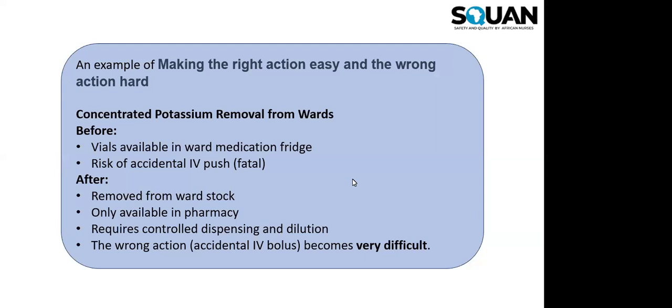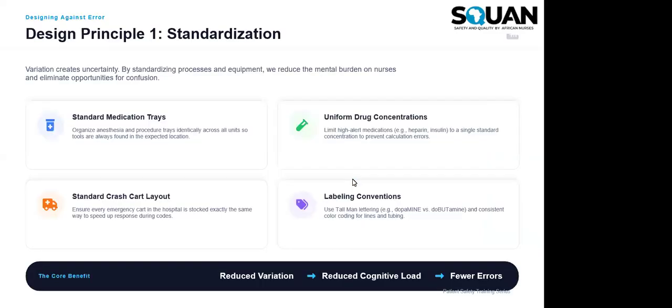The wrong action, accidental IV bolus, then became difficult to do because it's not readily available. Before you get to the point of administering it, different people would have gone through that process to confirm that you're giving the correct thing. So again, this is a true life story that happened, but we need to learn from it. This is just an example of how you can make the right action easy and the wrong action hard.